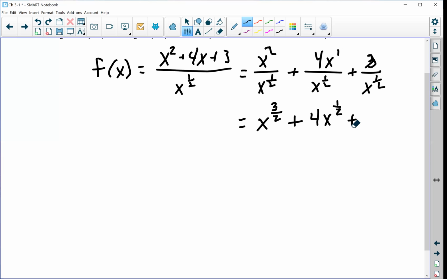So I could bring that x from the denominator up just by changing its sign. That's our function. Now I can take the derivative.